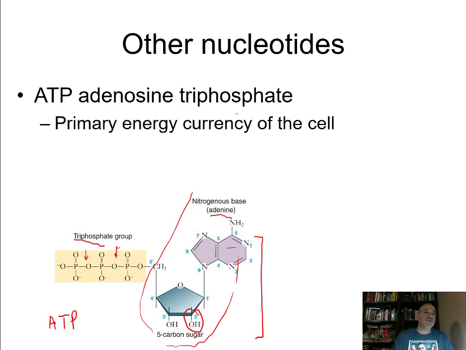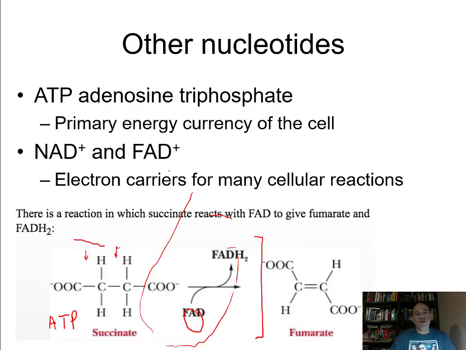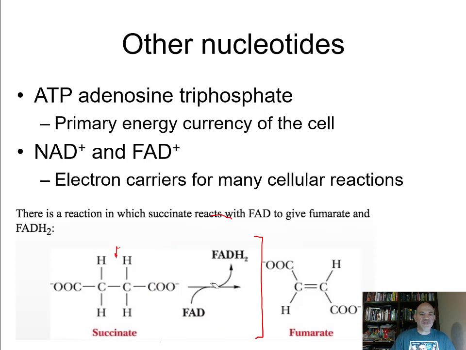So it's a universal energy currency. And then there's another case where we have molecules themselves that are going to carry energetic electrons. And there's a mistake here on the slide. It's not FAD plus, it's just FAD. And these are actually nucleotides, and the D stands for dinucleotide.